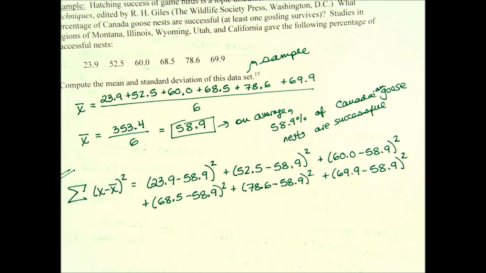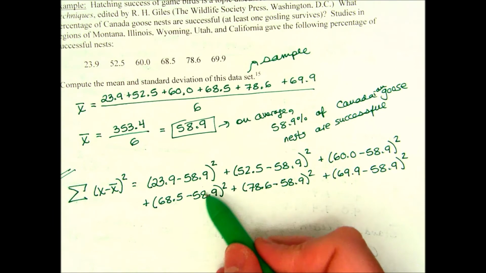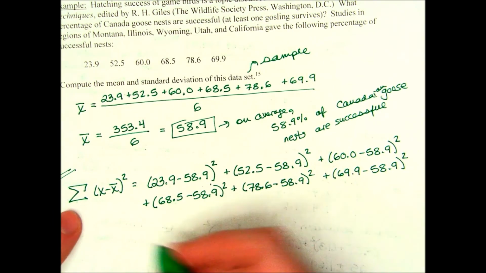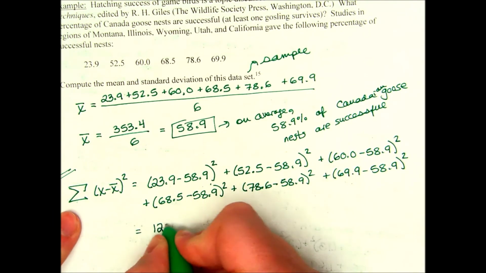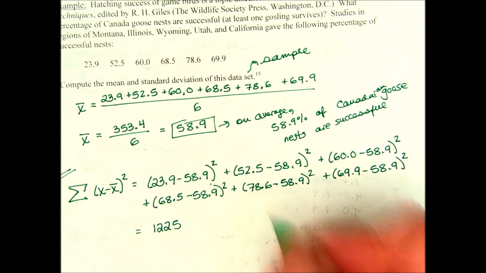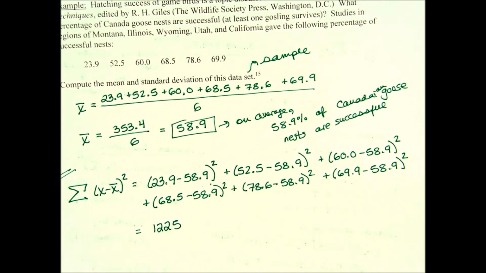I think the next thing you should do is do each subtraction problem and square the answer. Getting negative 35 for the first one, but then square it, you're going to get 1,225. Take a moment, deal with that for all the others. Maybe push pause, deal with it, and then return to this.